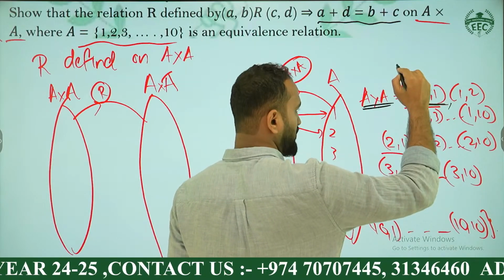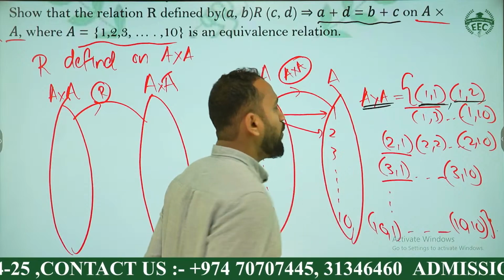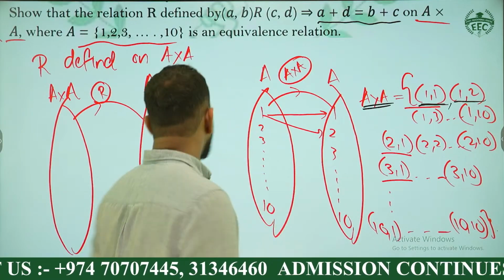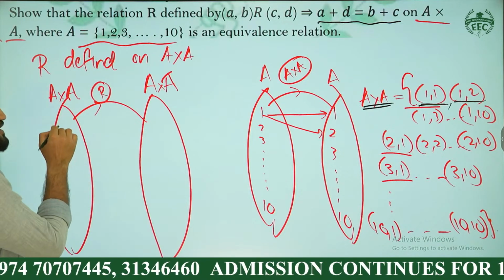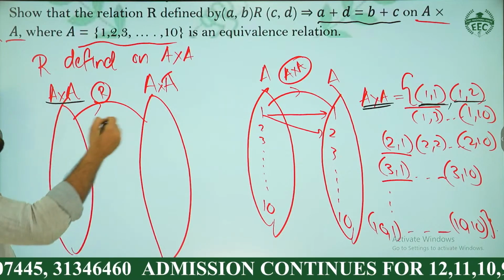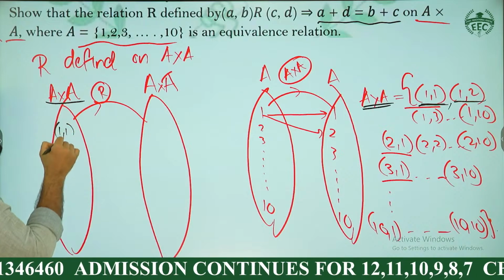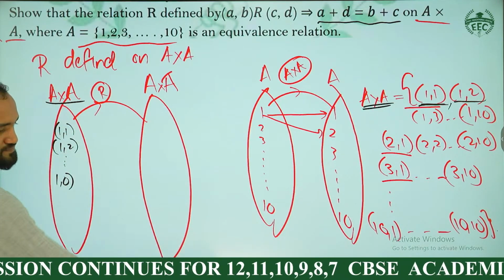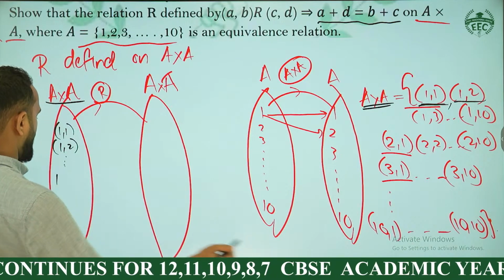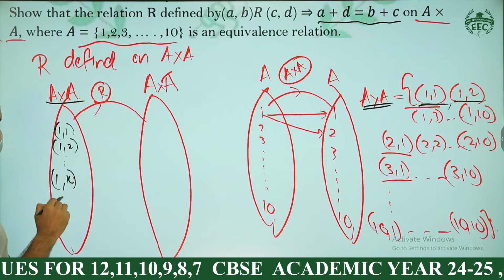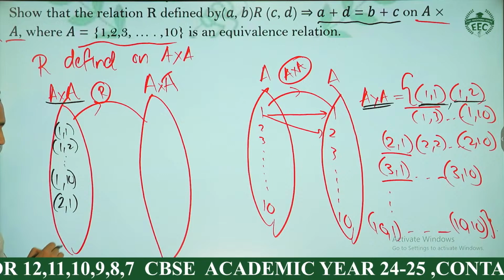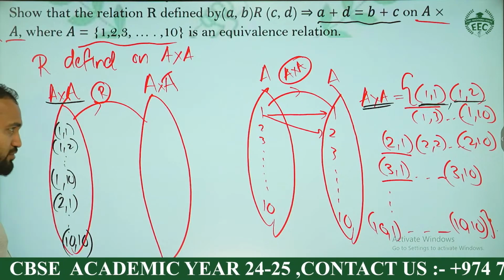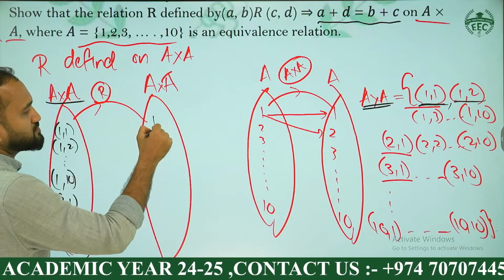Ordered pair 1, 1, ordered pair 1, 2, ordered pair 1, 3, ordered pair 5, 6, etc. So this set A cross A contains pairs like 1, 1, 1, 2, etc. up to 1, 10, and 2, 1, etc. up to 2, 10, and finally the last element 10, 10. These are some of the elements of the Cartesian product.